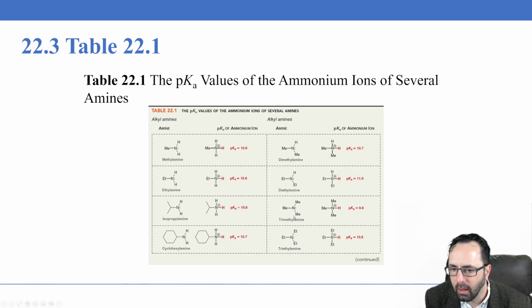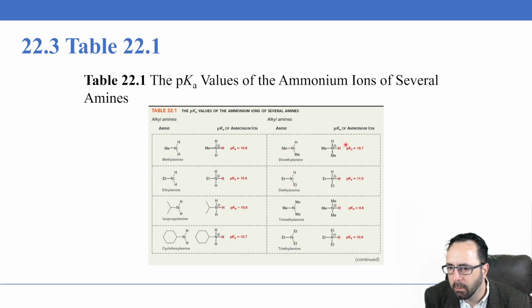Now if we have a more substituted amine here, notice that this varies with a pattern that's kind of hard to discern, I'd say. The trimethylamine having a lower pKa than the diethylamine, for example. But what you can see here is that for the monosubstituted amines, their pKa's tend to all be on the 11ish side.